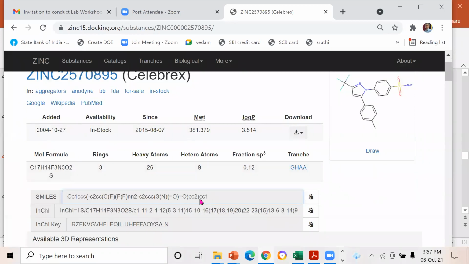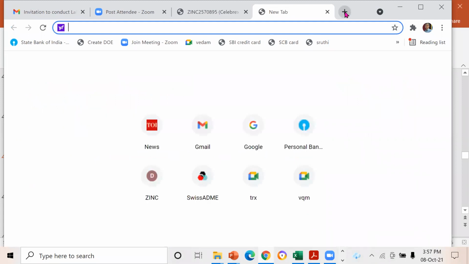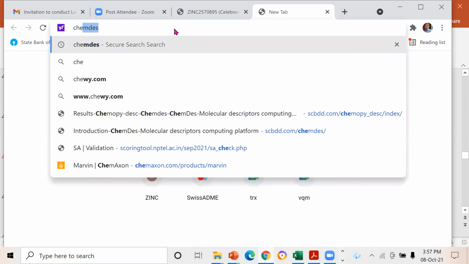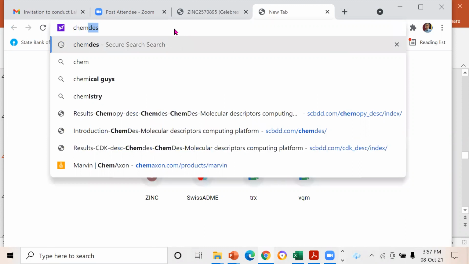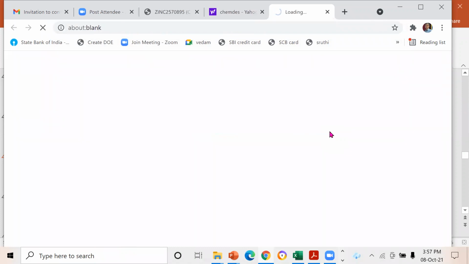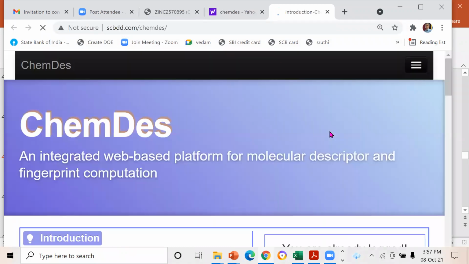Now you must be well familiar with SMILES and things like that, I hope. There is a good server which can calculate descriptors. Even Swiss ADME gives some descriptors, but this is a big list. It's called ChemDes.